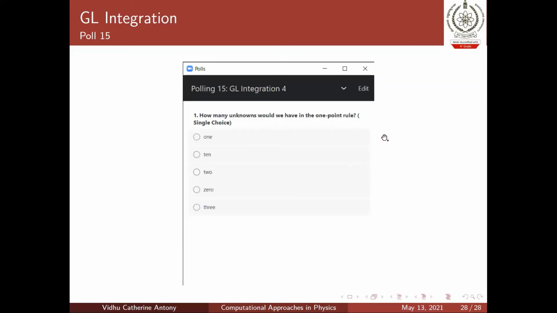Forty seconds left. Fifteen seconds left.